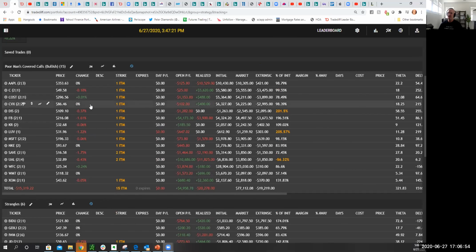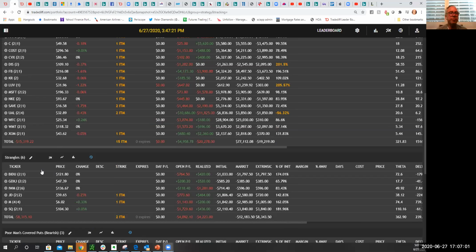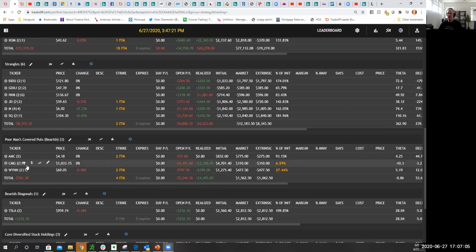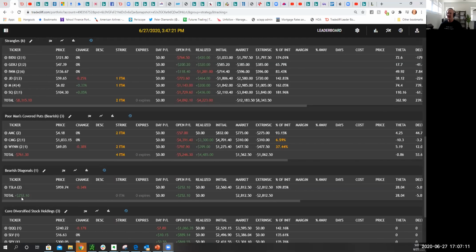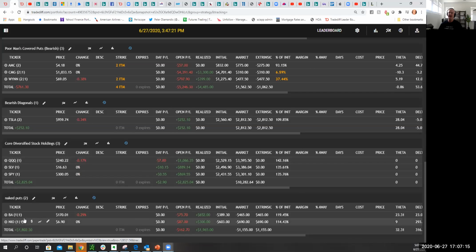I've got them grouped here: poor man's covered calls, which are all bullish, strangles, which are all neutral, and poor man's covered puts, which are bearish. And then these diagonals, some core holdings, and a couple of naked puts.